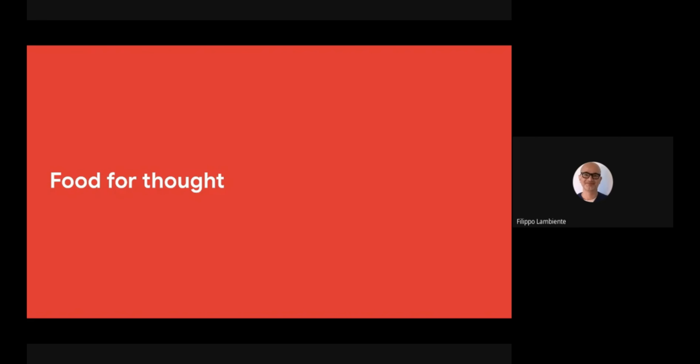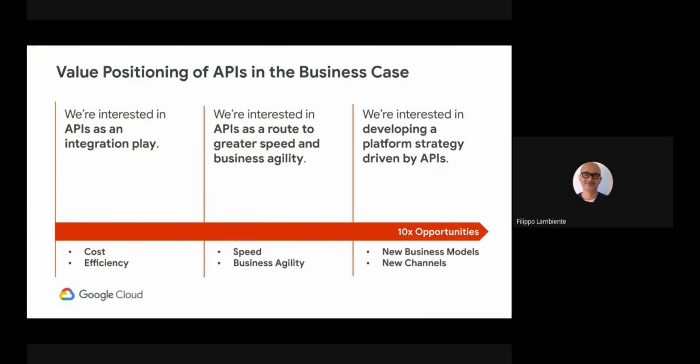The last part is some insight, maybe food for thought, about what we should consider when we start an API program, an API adoption in our organization, and how I can create a business case that justifies the adoption of a technology like Apigee.